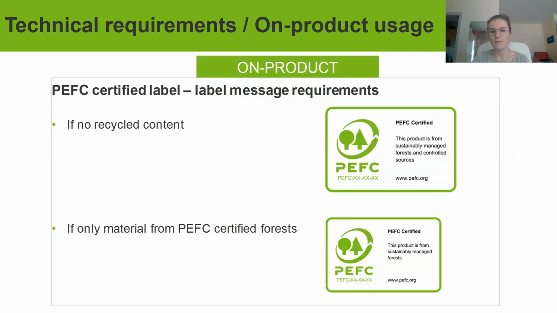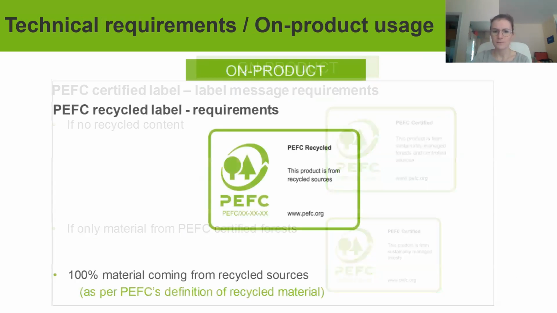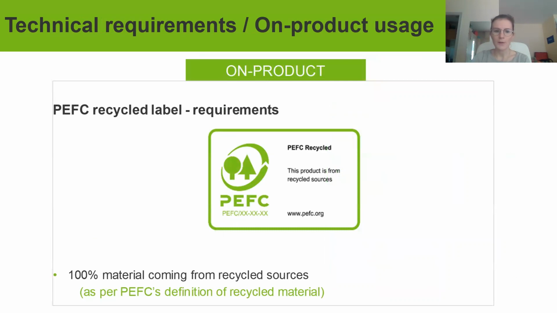And the same for controlled sources. If there are none, then it can be removed from the label message. For the PFC recycled label to be used, there must be 100% of material coming from recycled sources, as per PFC's definition of recycled material.